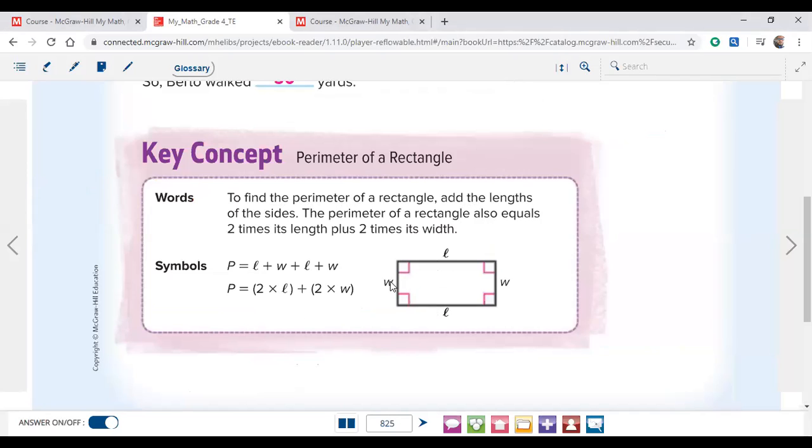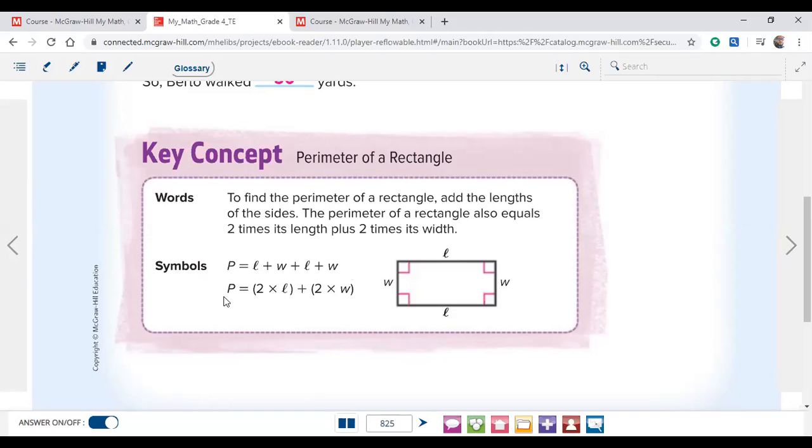I have this width, the opposite side the same width. There are two dimensions for the rectangle, length and width. So there is a symbol or formula for the perimeter of a rectangle. P means length plus width, and another length plus width. So I have twice the length, 2 times length plus 2 times width.